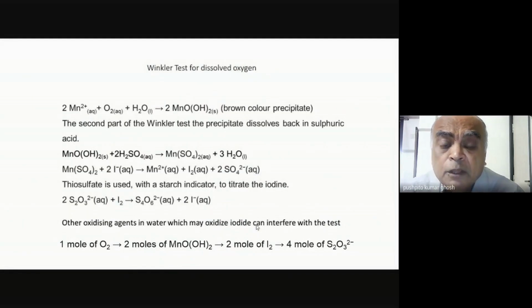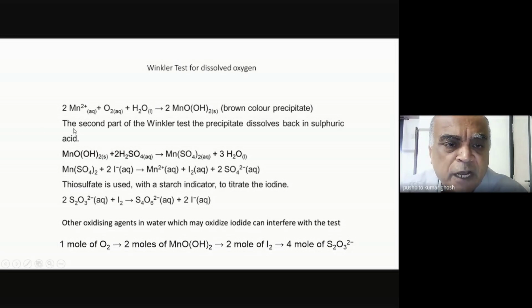Now, of course, what is fundamental is that I must have a way of measuring the dissolved oxygen. There are different kinds of tests that are known. I'll quickly run you through three of the tests. In one, let's say my oxygen has got depleted, or let's say I initially saturate and I want to measure.